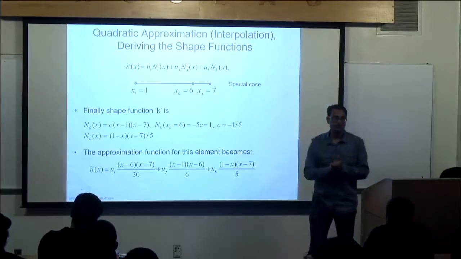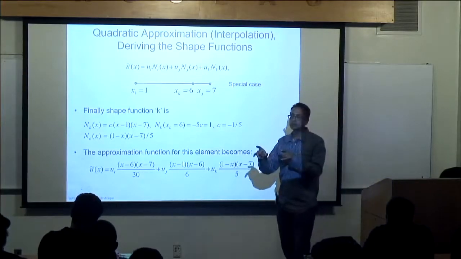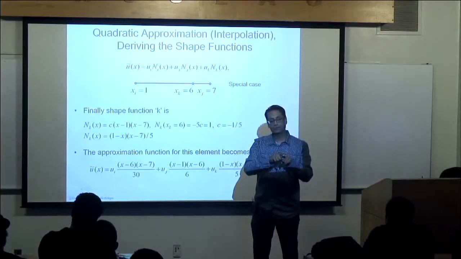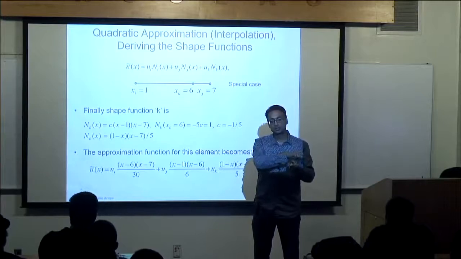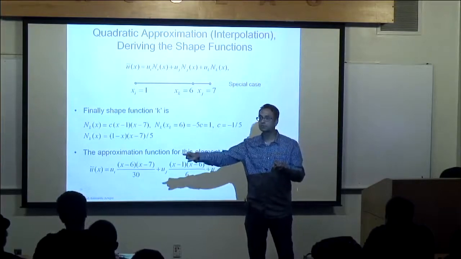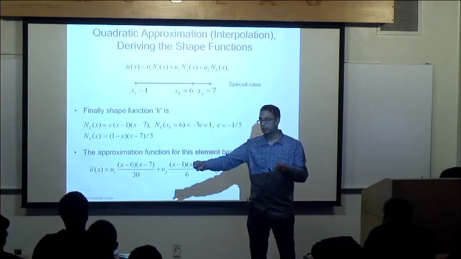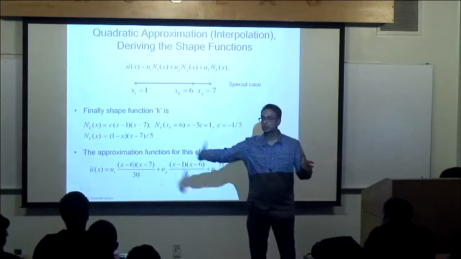And if we look at the earlier lecture, we also saw these shape functions represent the global approximation functions. They're part of that set of hat functions that allow you to approximate a solution over the whole domain.